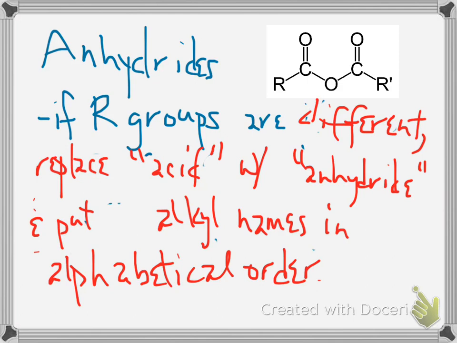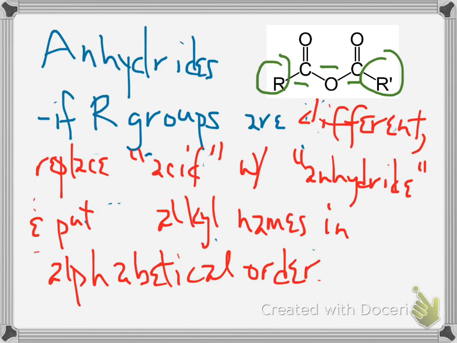So if the two R groups, and just to reiterate, the anhydrides are carbonyl, oxygen, carbonyl, and another R group. If the two R groups are different, then you're going to still replace the term acid with anhydride, but you've got to name each alkyl group and put it into alphabetical order.